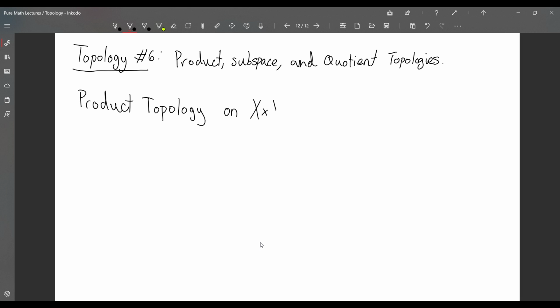So the first thing is the product topology on the Cartesian product X and Y, where X and Y are topological spaces.